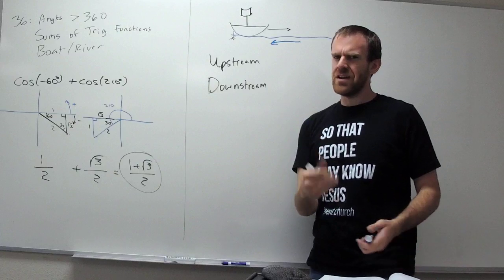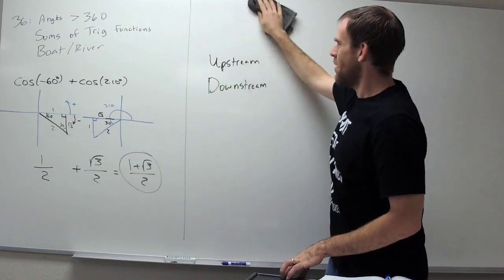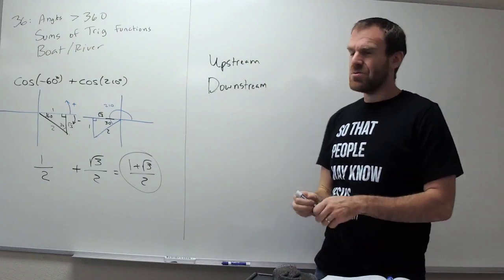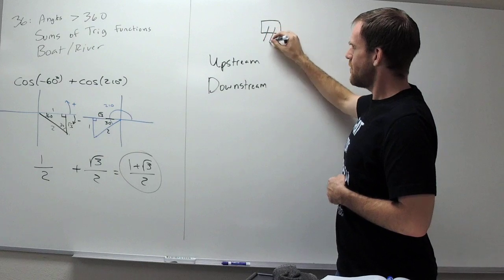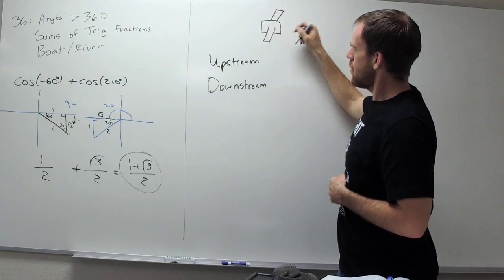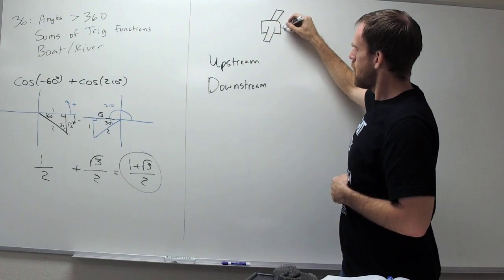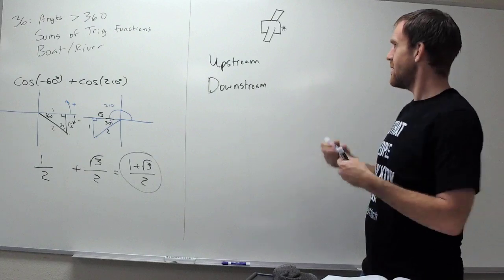Now, since we're in pre-calculus and we are well above boat and river problems, your problems will have airplanes, which I will represent by this box with wings. And you will have wind.